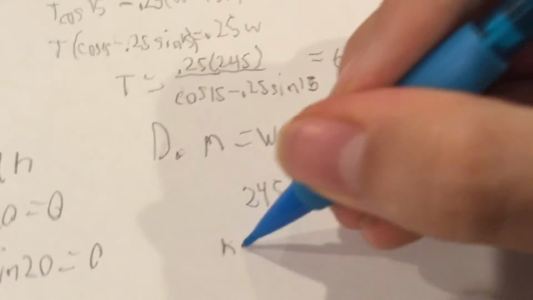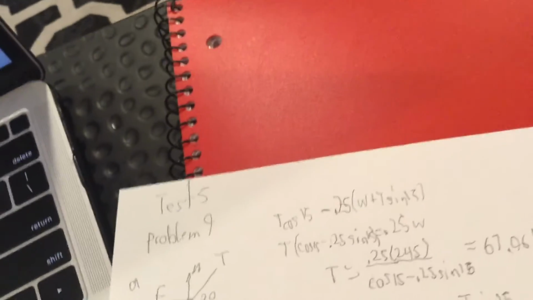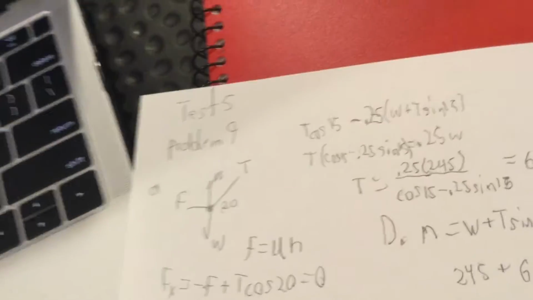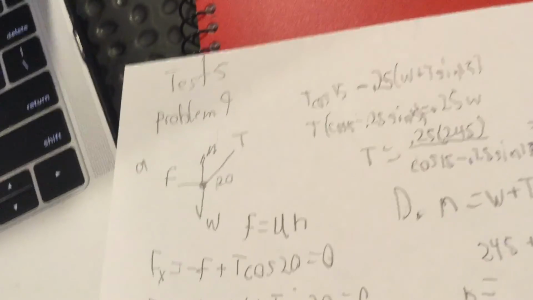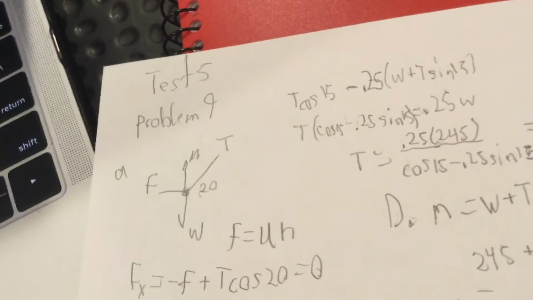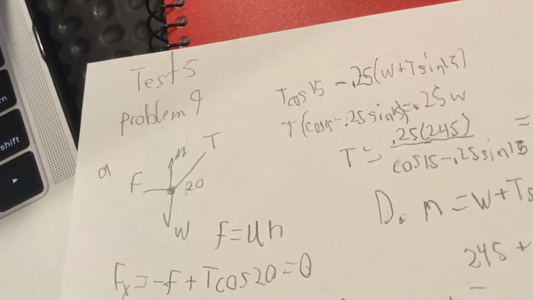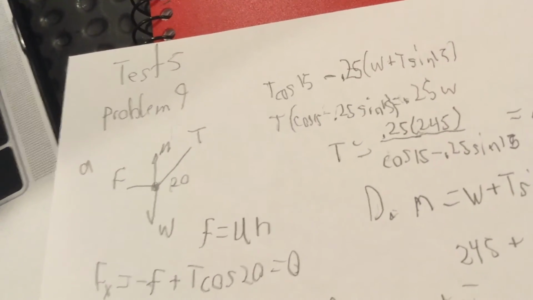And we get the normal is equal to, plug that into the calculator, 245 plus 68 times sine 15, 262.6, which rounds to 263.